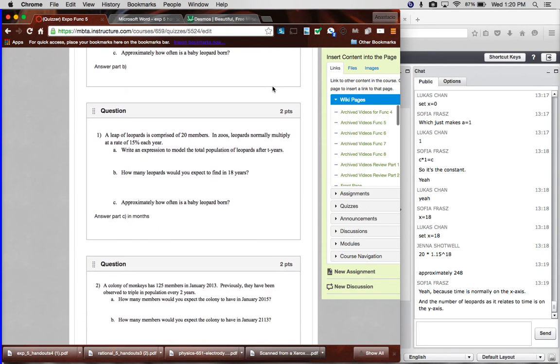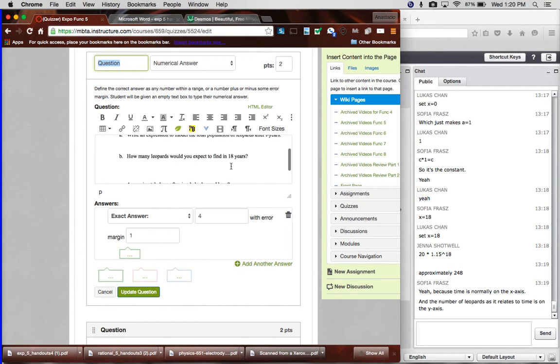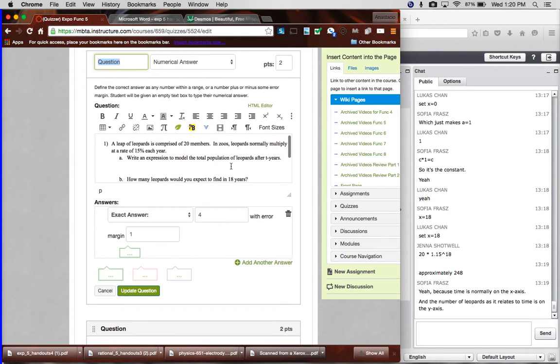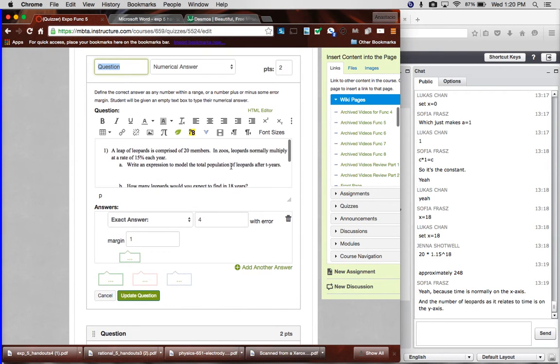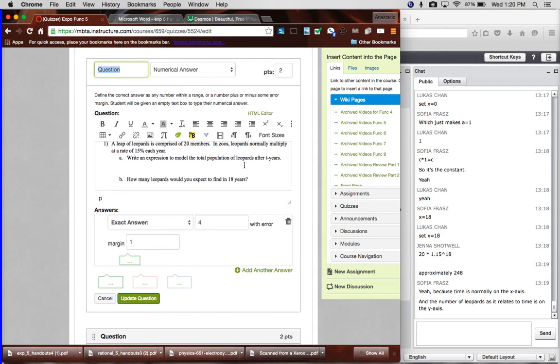All right. Approximately how often is a baby leopard born? I think what I would do if I were you on this one, oh yeah, that's after 18 years.